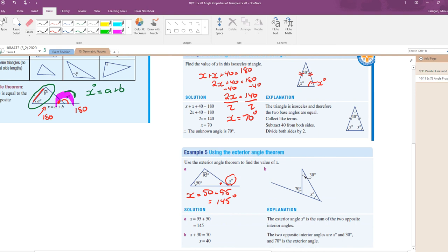Looking at this one here, it's looking for us to find the value of x using the exterior angle theorem. These things here have the same symbol.